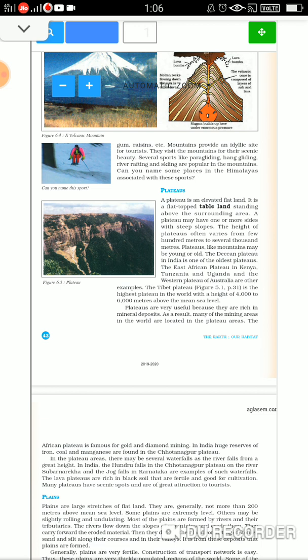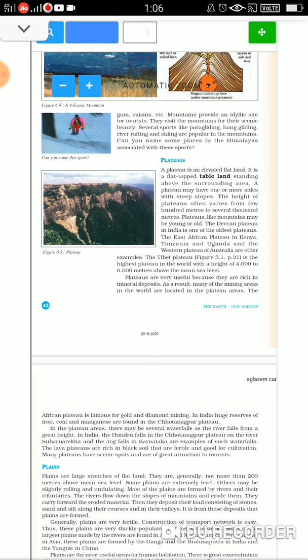You can see the picture of a plateau. Fine. The height of a plateau can be different. From a few hundred meters to several thousand meters, it can be high. Plateaus can also be young or old. The Deccan Plateau in India is one of the oldest plateaus.